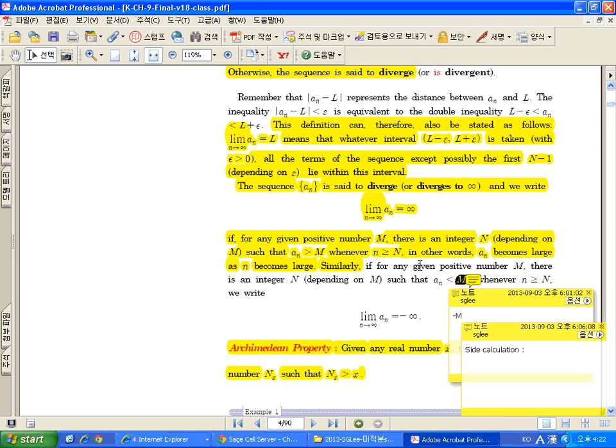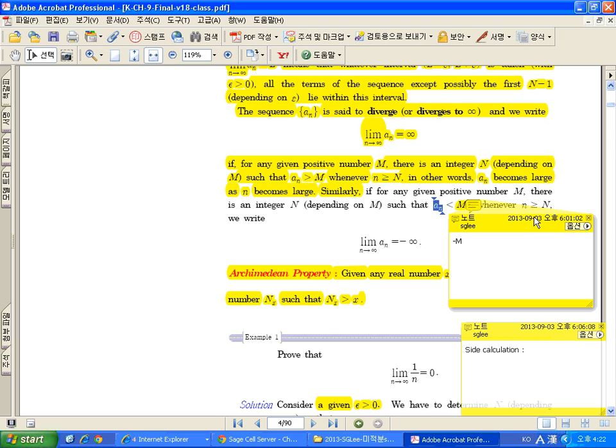This means for an arbitrarily chosen interval, we can always find a big number M such that a_n is less than minus M. Minus M is a very small number, and the nth term is even smaller than these small numbers whenever n is bigger than or equal to N.